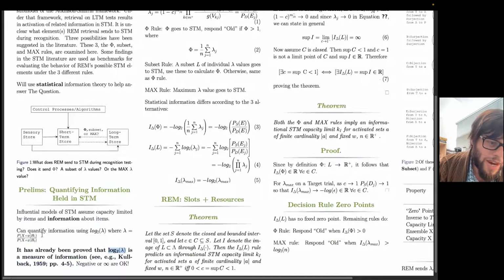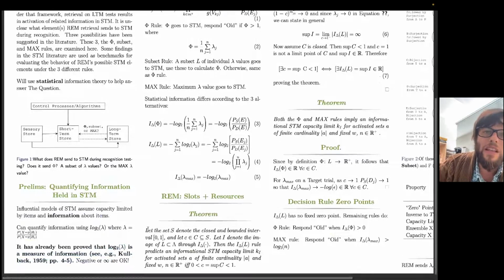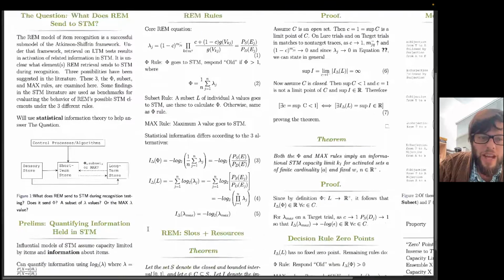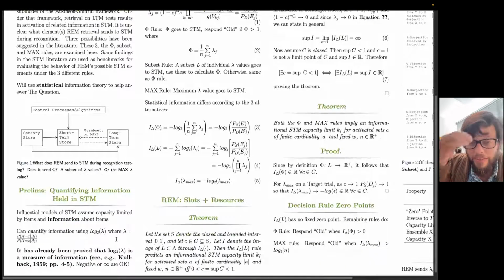But in REM, the priors cancel out, so the likelihoods in the ratio of posteriors are the same. So you can take the log of the likelihood and you get exactly what he's talking about. Okay, so anyway, I'm going to use this measure because it's going to help in the derivations and it's going to help us see how REM is actually related to existing models in VSTM, which are dominant.